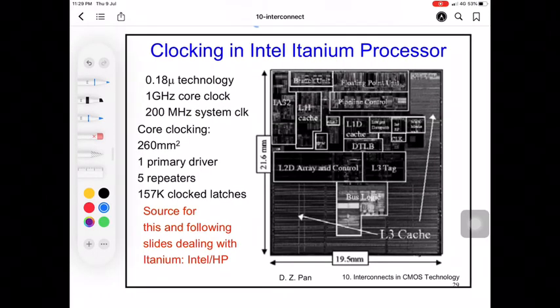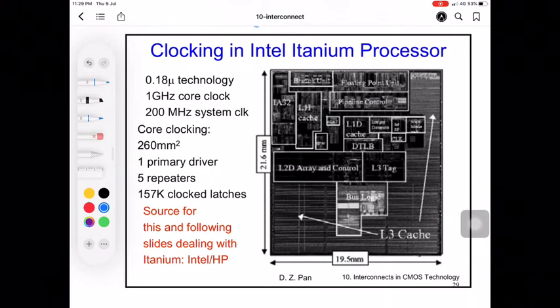So let's look at the picture of a chip here. This is the Intel Itanium processor. It was fabricated in 0.18 micrometer technology. It has a 1 GHz core clock and a 200 MHz system clock. The size of the chip, as you can see, is 21.6 millimeter by 19.5 millimeter.